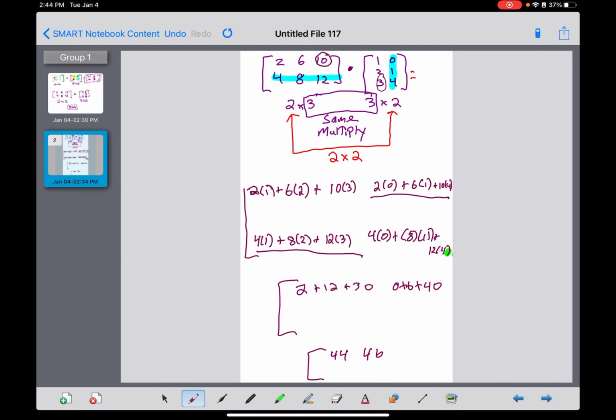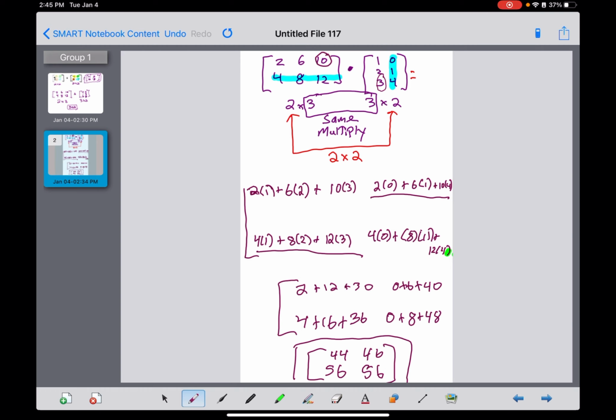Now we do this one. 4 plus 16 plus 36. 56. And the last one, 0 plus 8 plus 48. 56 again. That then is your solution for multiplying these two matrices together.